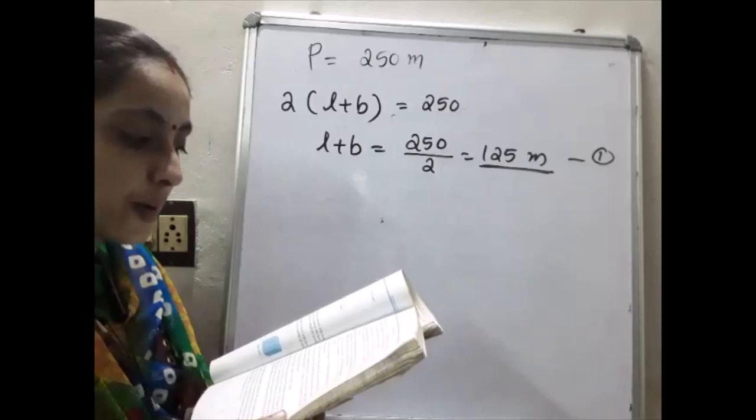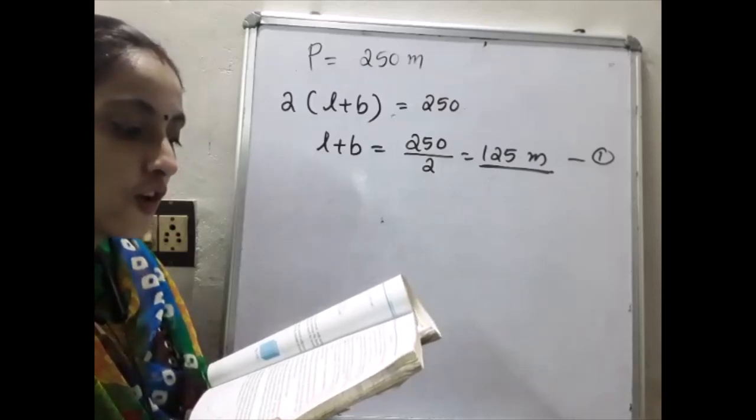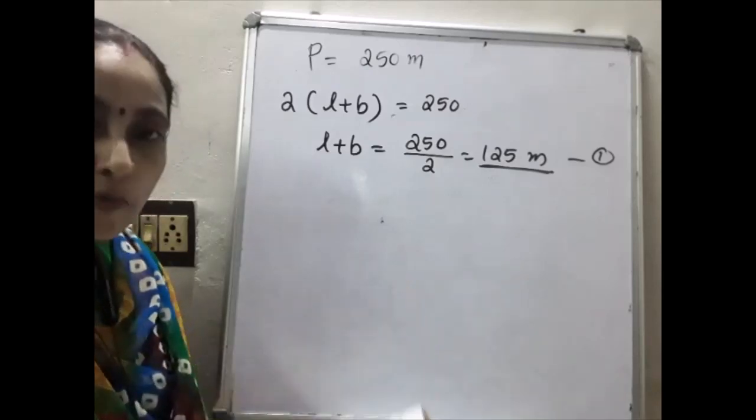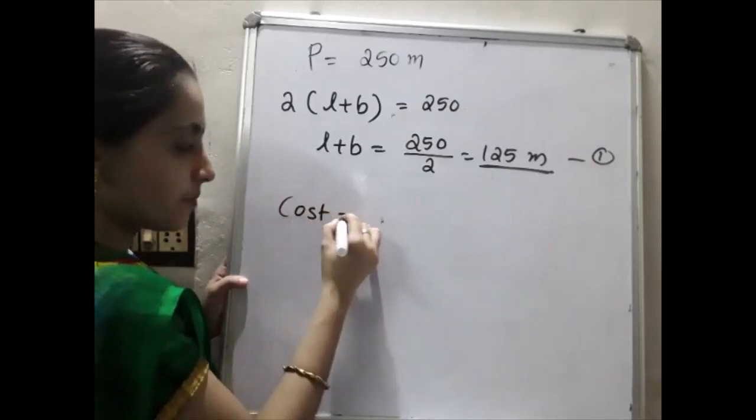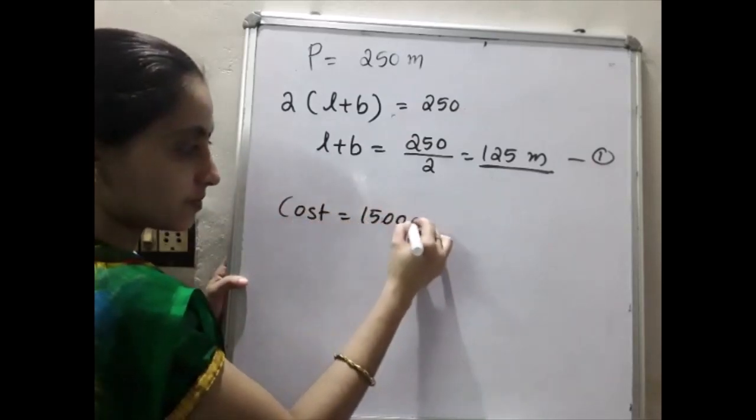If the cost of painting the 4 walls at a rate of rupees 10 is, listen here please, the cost is given as 15,000.